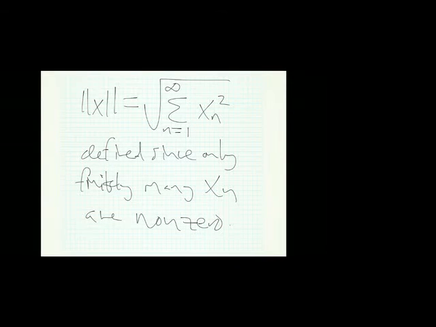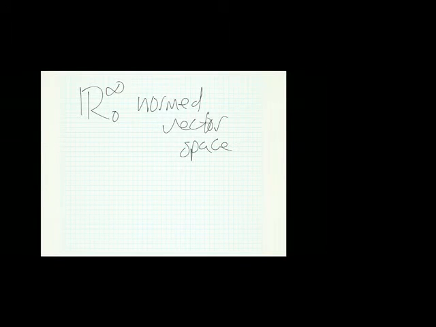Makes perfect sense. There's no weird things to think about. So this is another example. My R infinity 0 is another example of a normed vector space. It fits all of the requirements of a normed vector space.